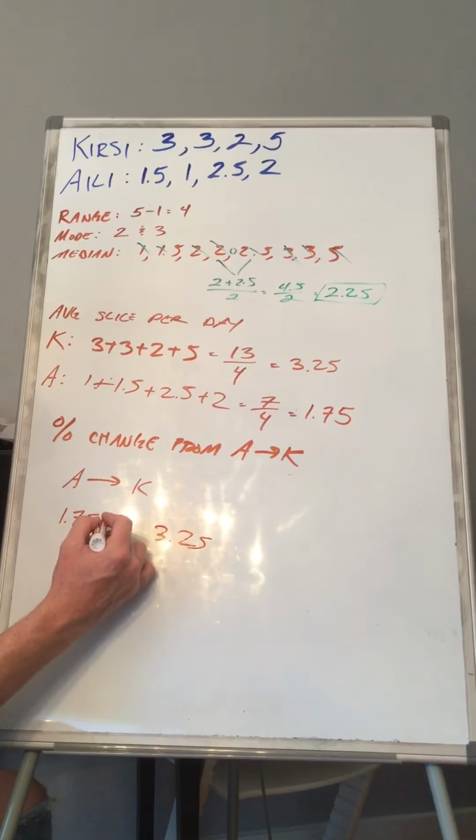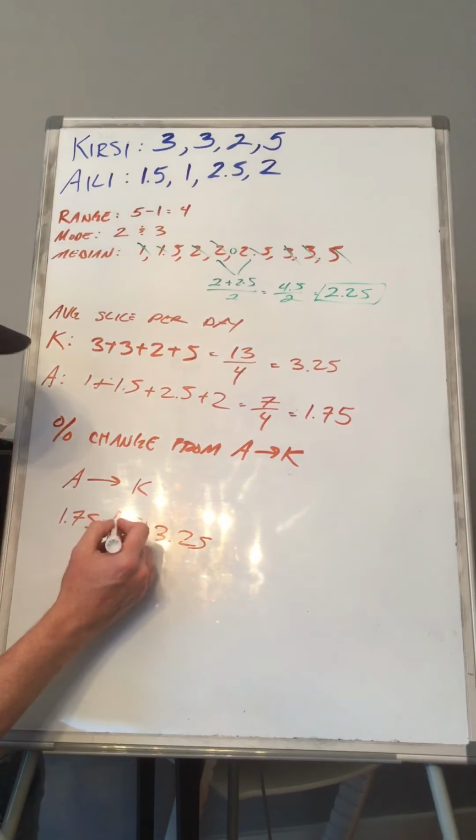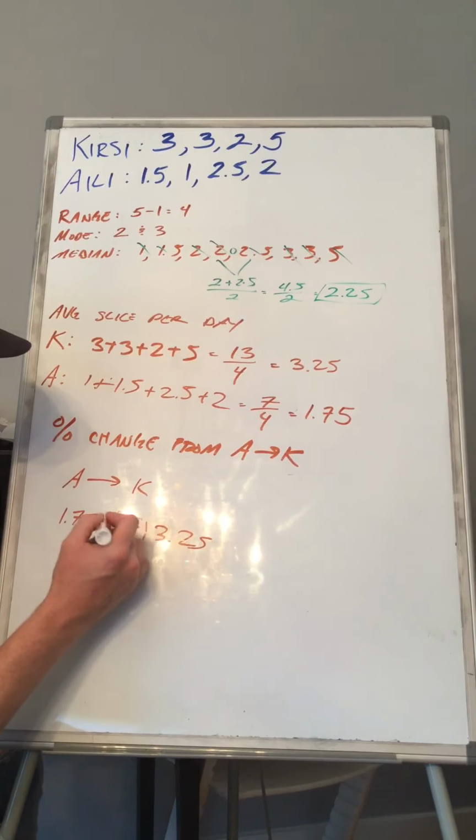So what's this change? I would do 3 1/4 on my calculator, take away 1.75, and I get 1 1/2. And that's a positive change because it went up.